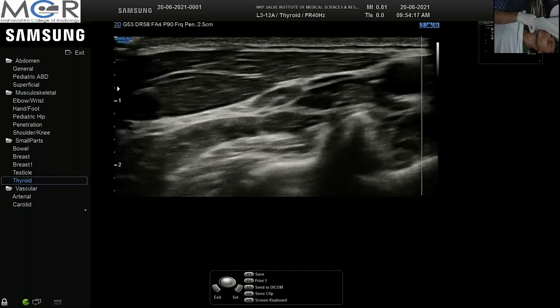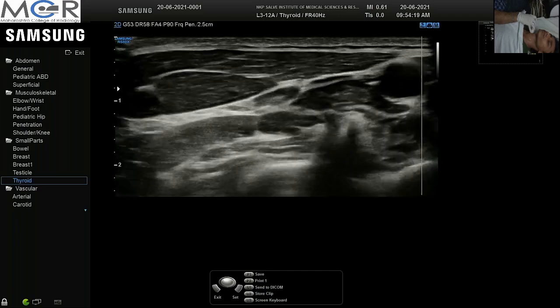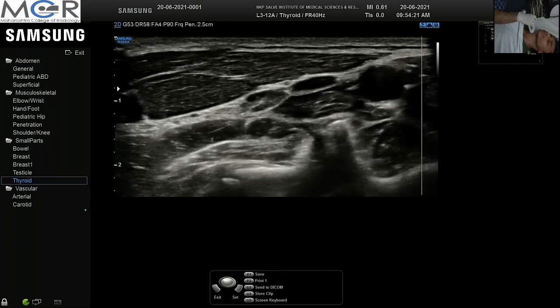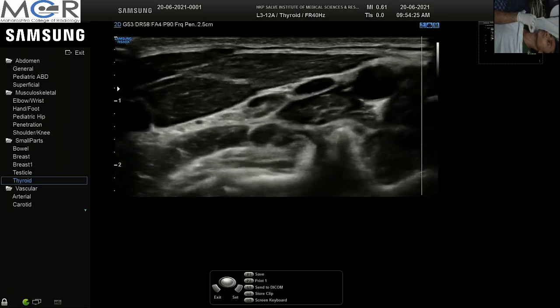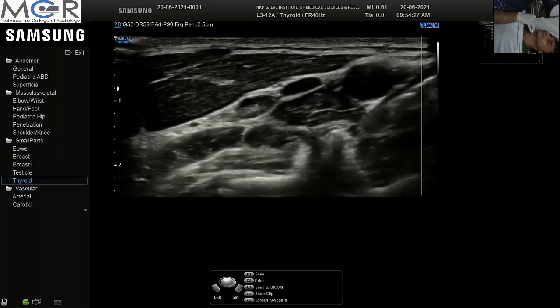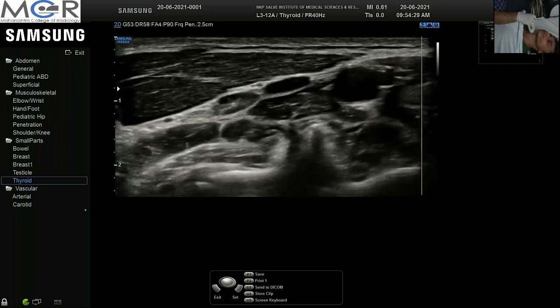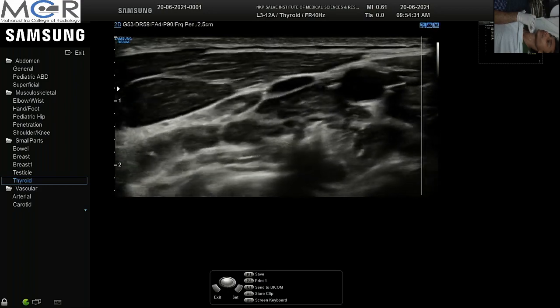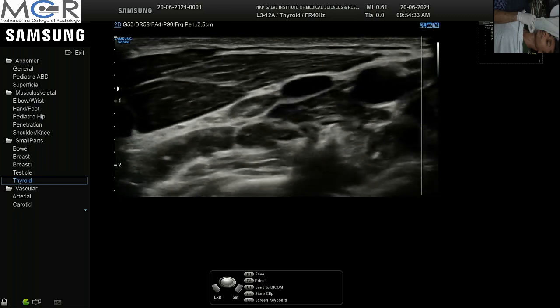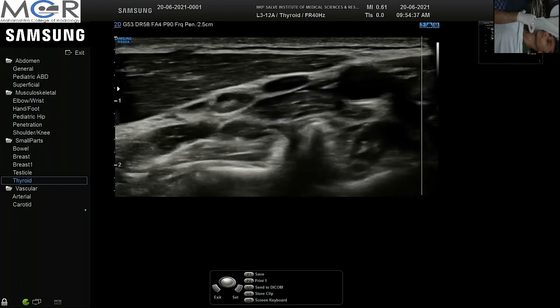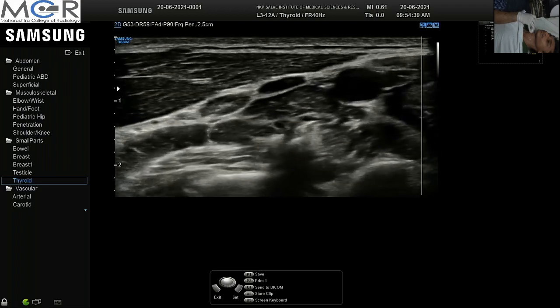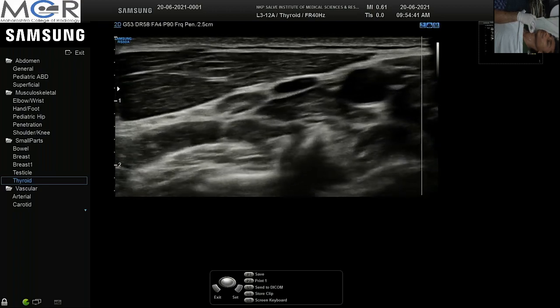In 70% of the cortical thickening, the lymph node is malignant. And we can have calcifications within the cortex, which can be due to granulomatous disease, and these calcifications are chunky calcifications, whereas the papillary and the medullary carcinoma of the thyroid give punctate calcifications within the enlarged lymph node.